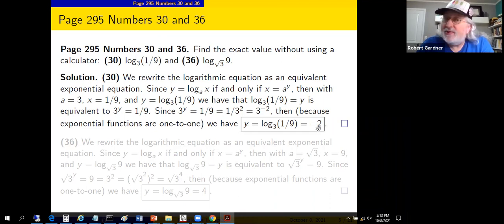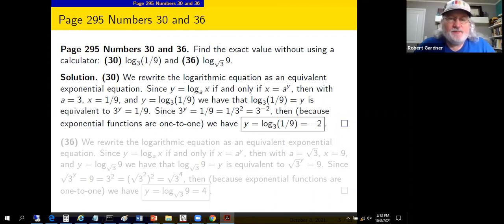That is when y equals -2. Question was, what is log base 3 of 1/9? We had set y equal to that. So we get log base 3 of 1/9 equals -2 to answer their question. We're using the one-to-oneness when we say, hey, if the bases are the same and the quantities are equal, then the exponents are the same. That follows, as we saw in the previous section, from the one-to-oneness of the exponential function.